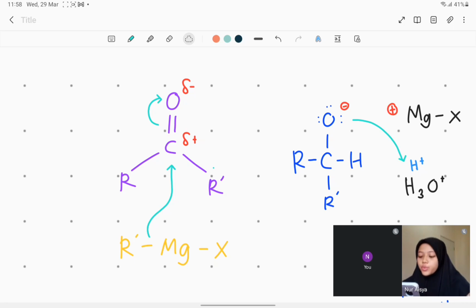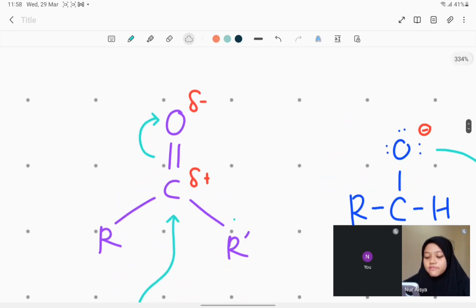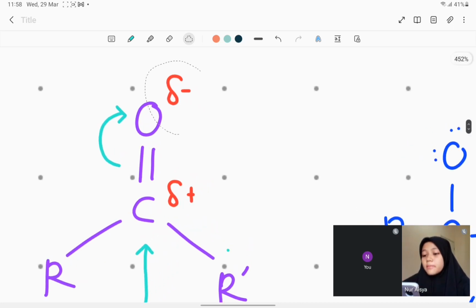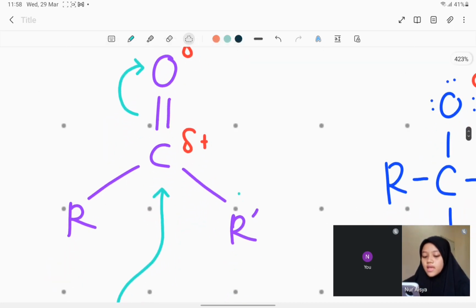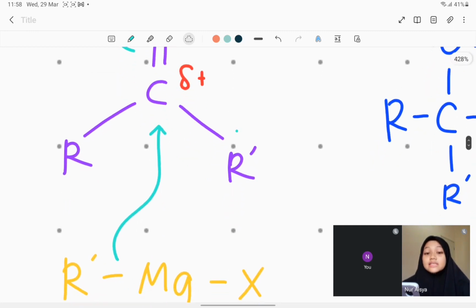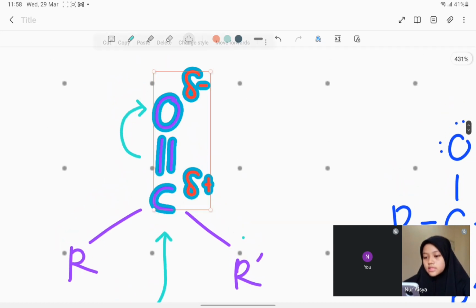Now in this molecule, the aldehyde, we have an electronegative atom, which is the oxygen, so I'll give it a delta minus. And this carbon is delta plus because it's connected to the electronegative atom.